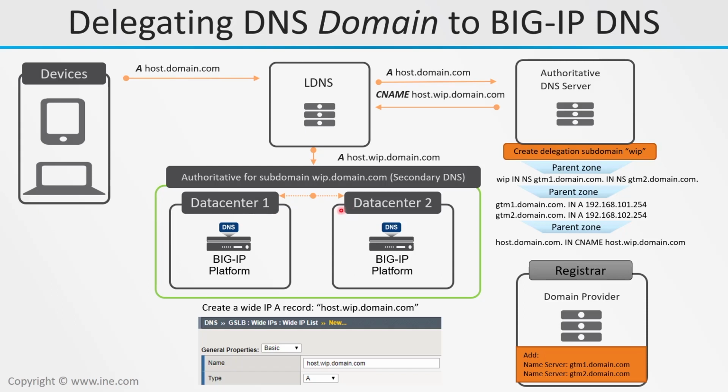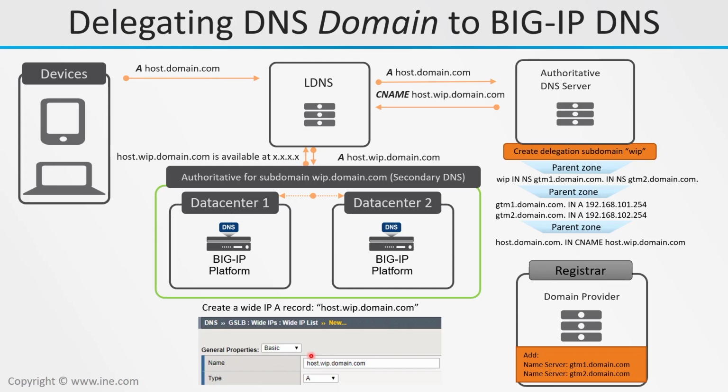Regardless of which DNS platform gets the query, both of the DNS servers share the zone information. So it doesn't matter which DNS box gets the query. Either one will respond with the A record we put in here for the wide IP.